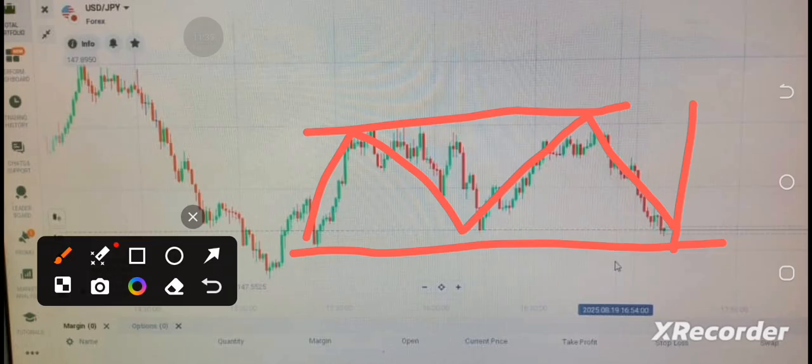Okay, so if you are looking at this chart, you have to pick out the overall market movement like this. So this is the situation that I'm seeing on this particular chart right now.